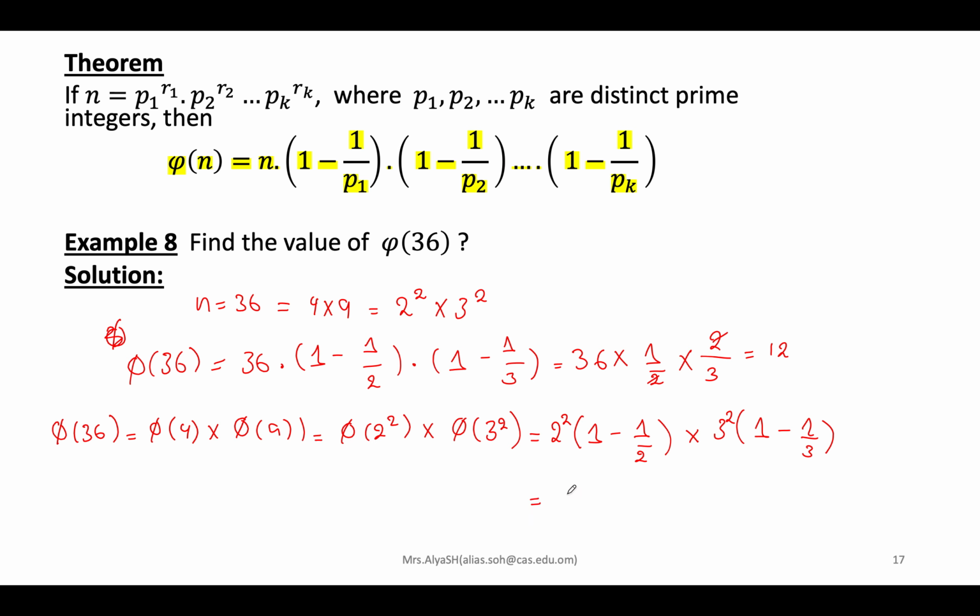So this one is equal to 4 times 1 over 2 times 9 times 2 over 3, and we got the result also 12.